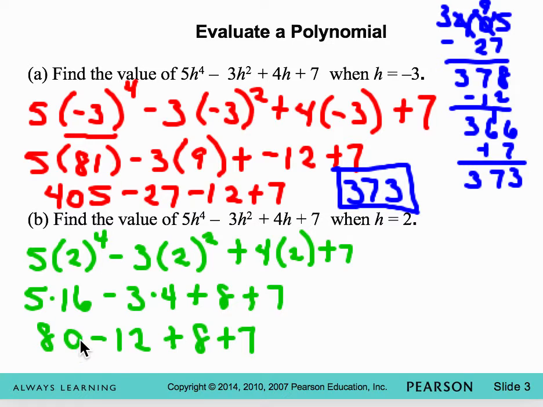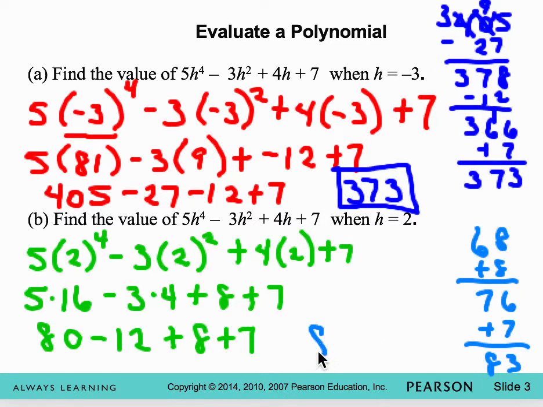So 80 minus 12 is 68. Then 68 plus 8 is 76, plus 7 is 83. That's just evaluating a polynomial if we are given the value of the variables.